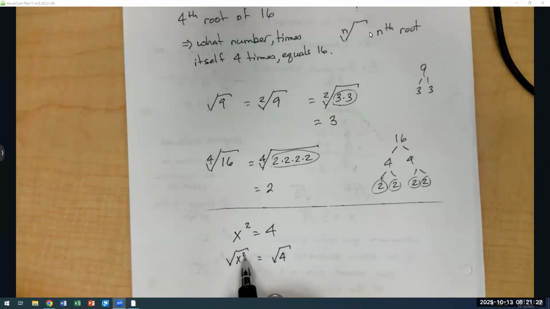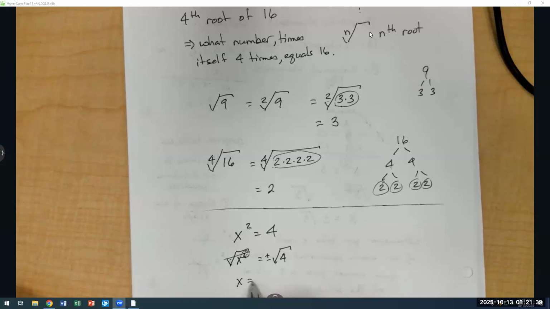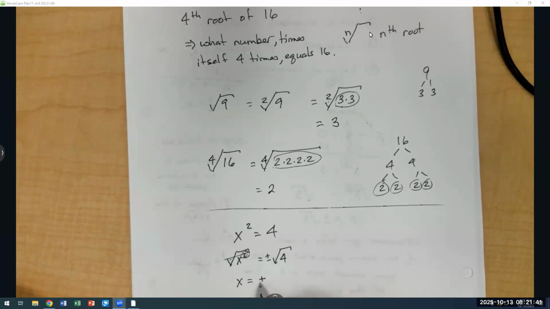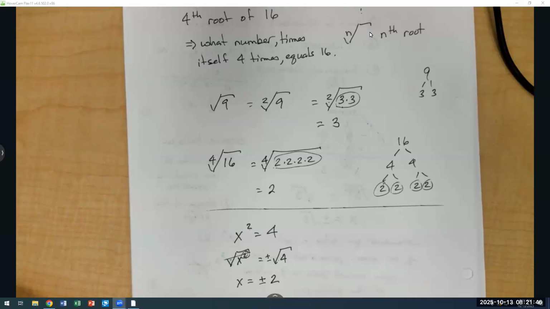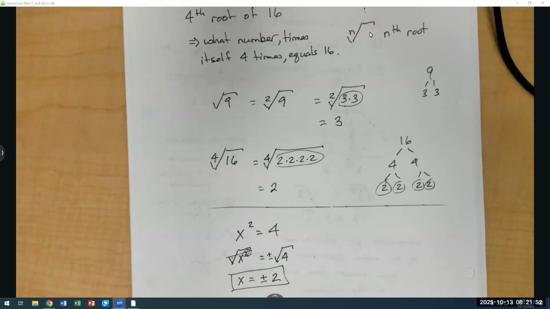Because this is squared, I have to put a plus or minus in front of this. So the square root and the square cancel. What's the square root of 4? 2. So the answer is this. X can be positive or negative 2.